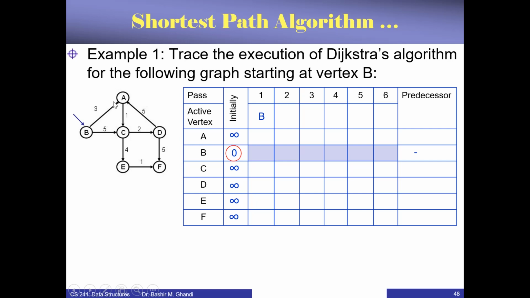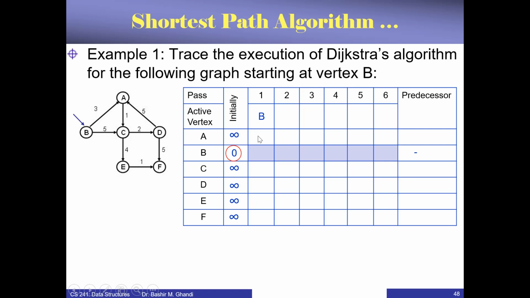Obviously, you can reach A with the cost of 0 plus 3. It cost you 0 to reach B, plus the cost of reaching from B to A, which is 3. So it will cost you overall 3 to reach A. Now you're going to compare this new value against the current value of reaching A. If the new value is smaller, then you update the new value and put it here.